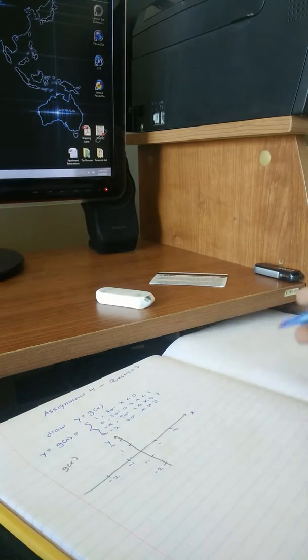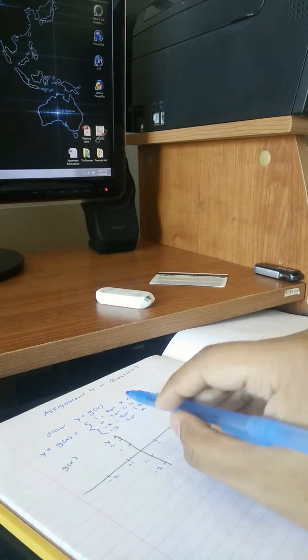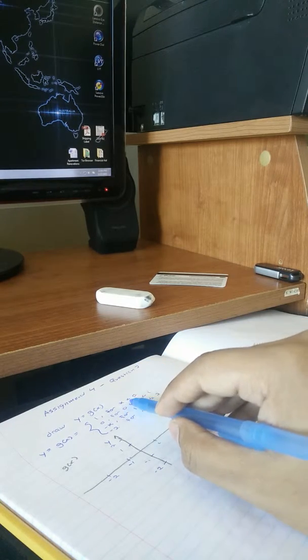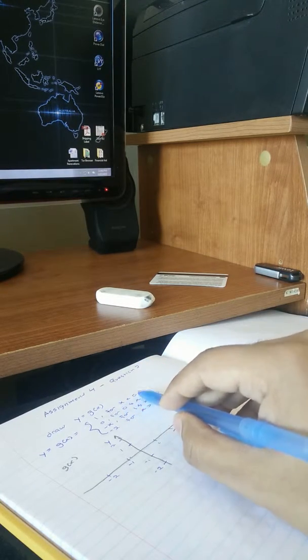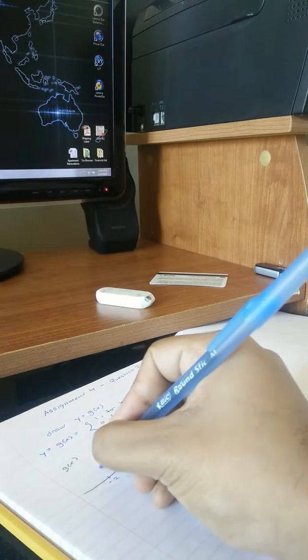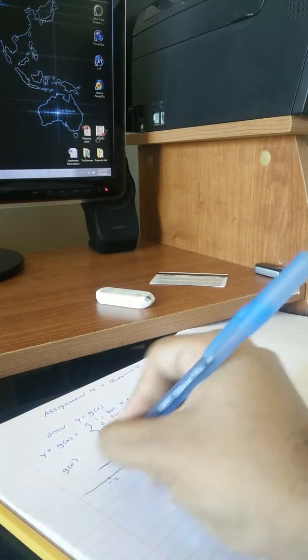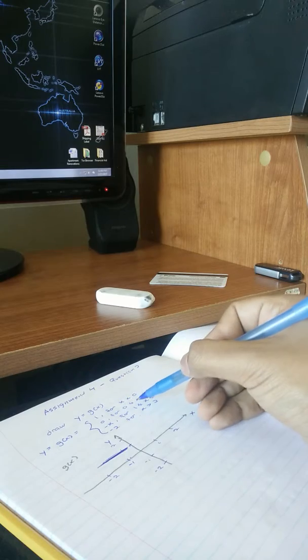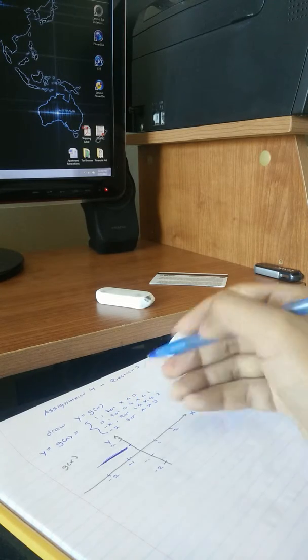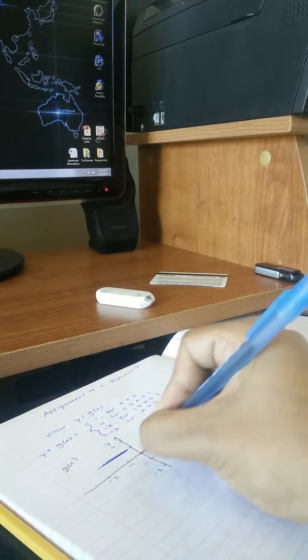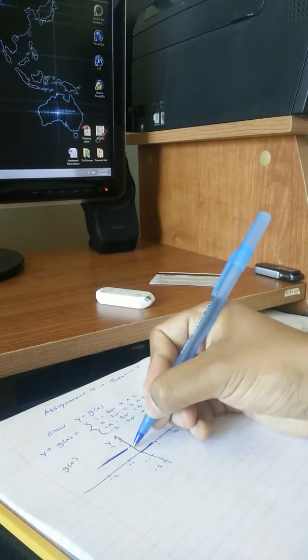Okay, so for any x that's less than 0, we're going to get it equal to 1. For the interval 0 less than or equal to x less than 1, we get 0. Just connect them.